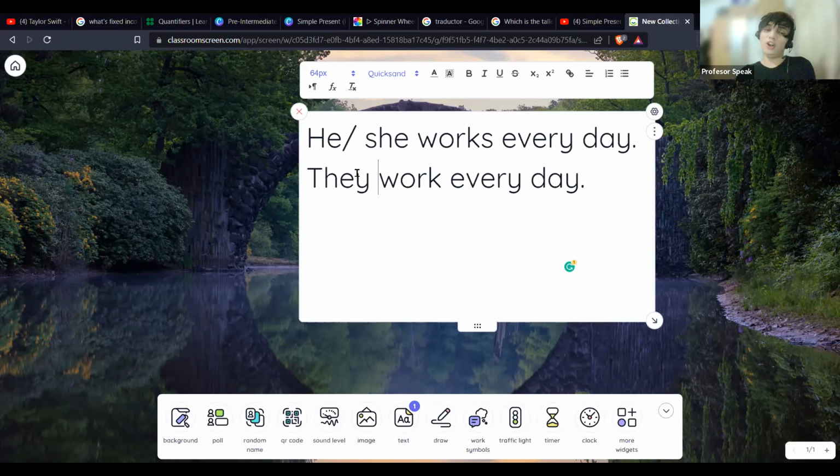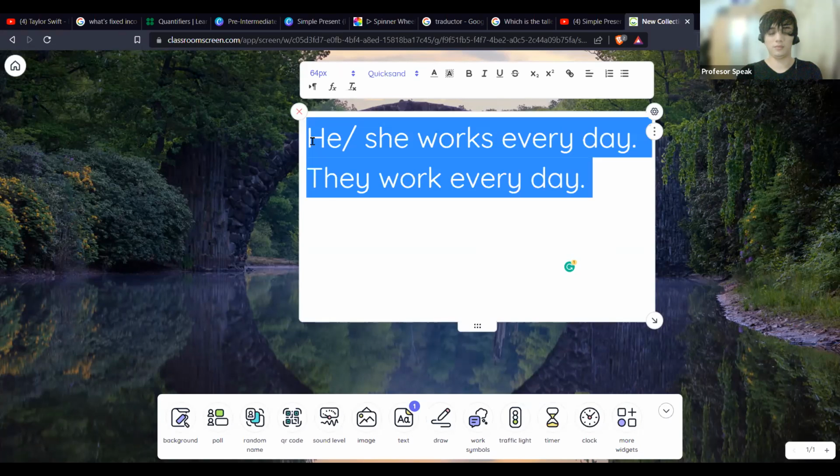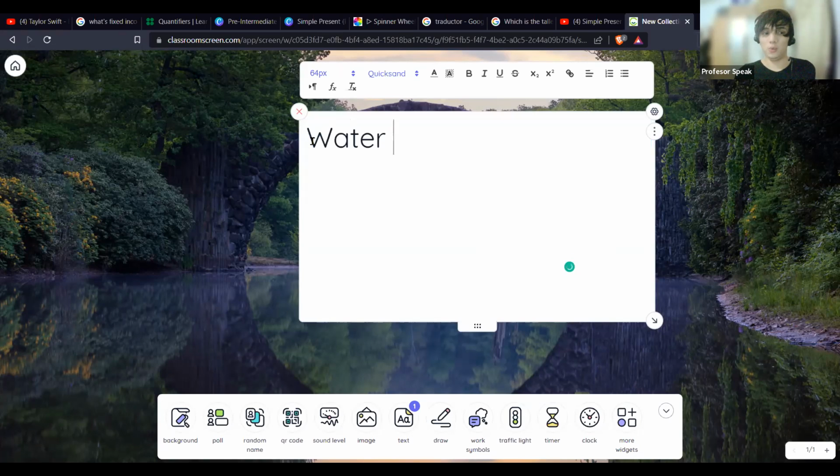Whenever we are using uncountable nouns, for example, water. Water is uncountable. So because it is uncountable, it cannot be pluralized.